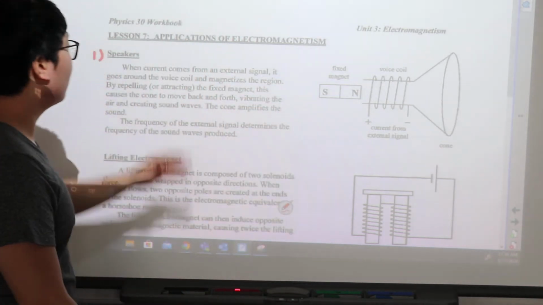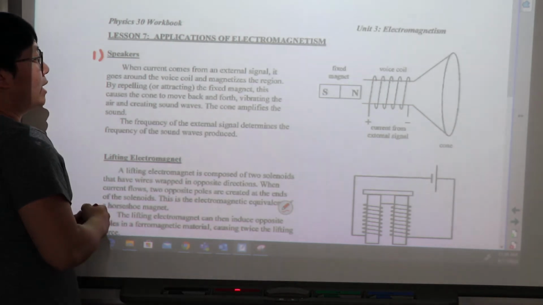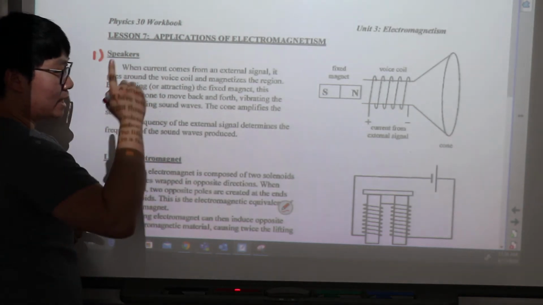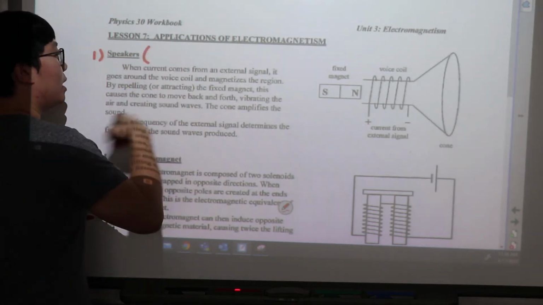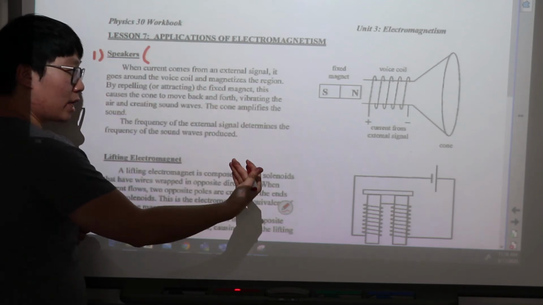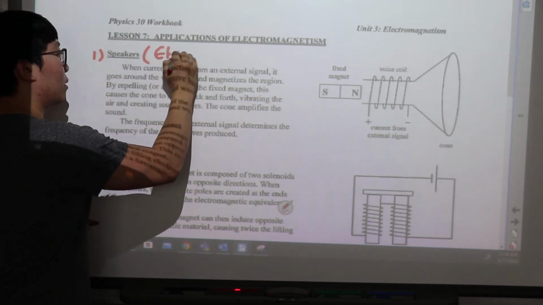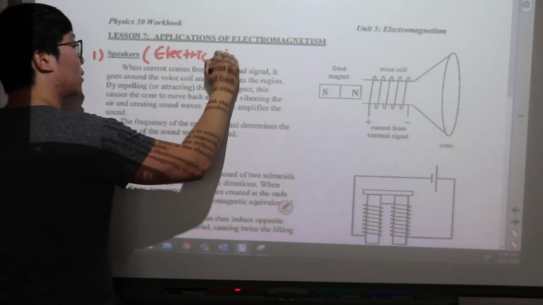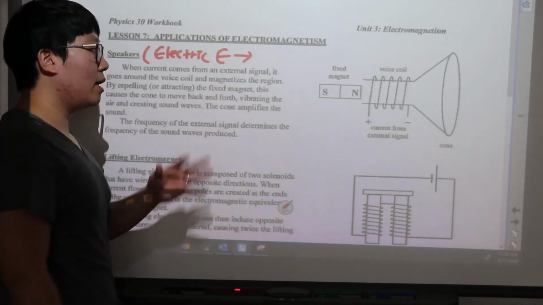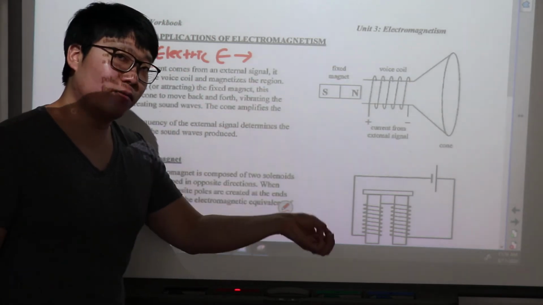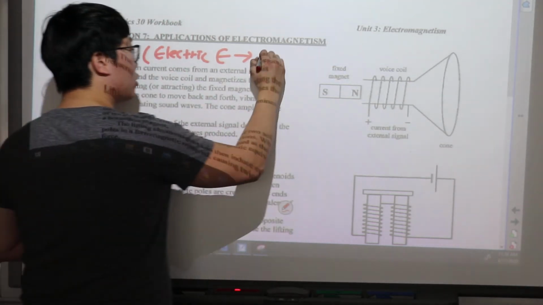Because here's the thing. The way that electromagnetism works for a speaker is, number one, we use, of course, electric energy, but electric energy will basically transform into mechanical energy.